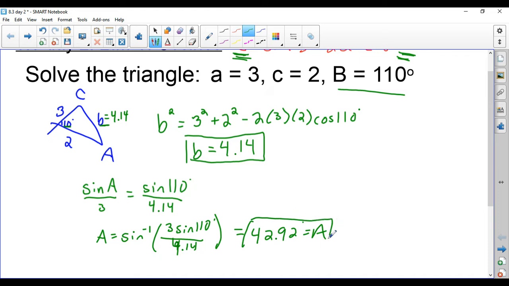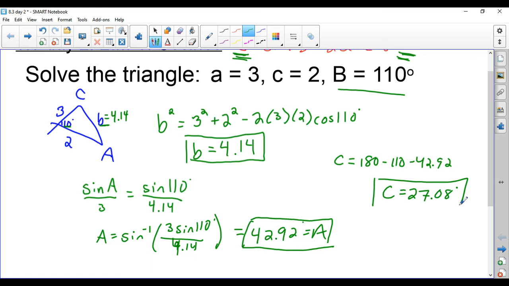Now I have angle A and I have angle B, so I can subtract from 180. 180 minus 110 minus 42.92 will give me angle C, which is 27.08 degrees. And we make sure that our triangle has 180 degrees total.